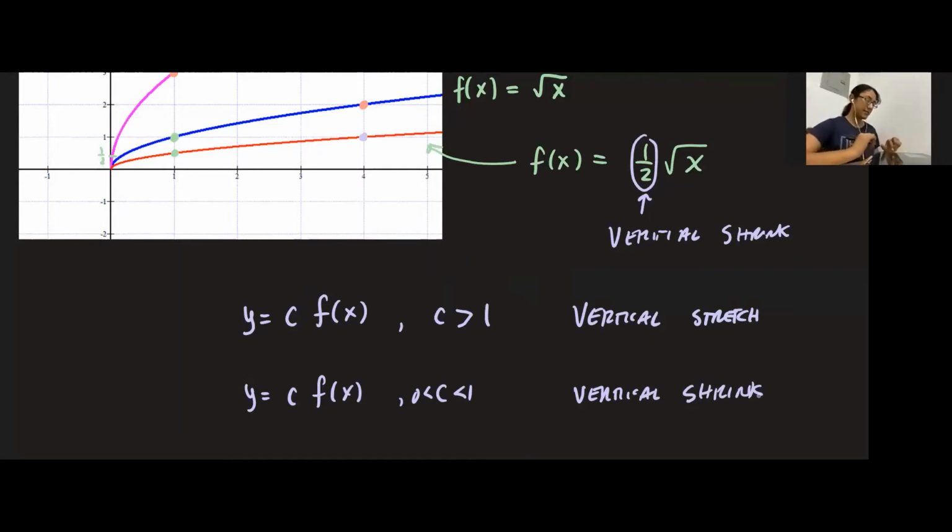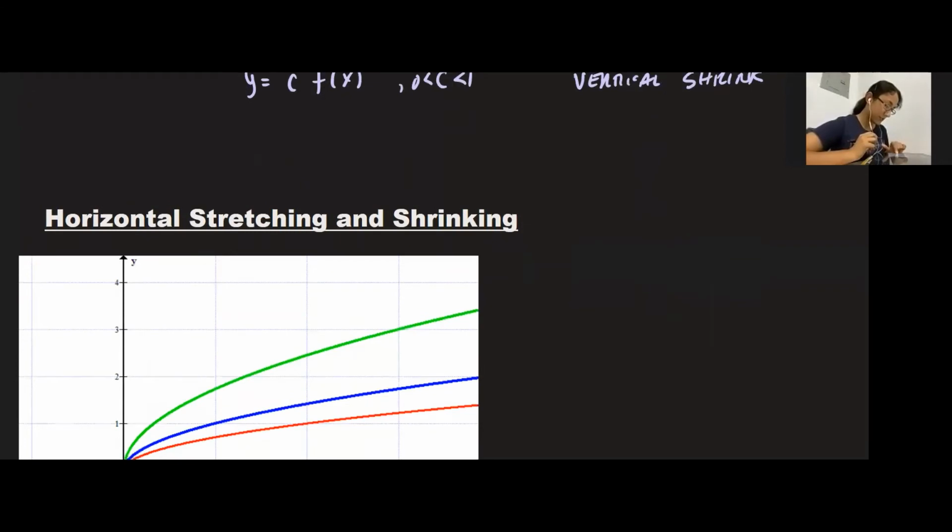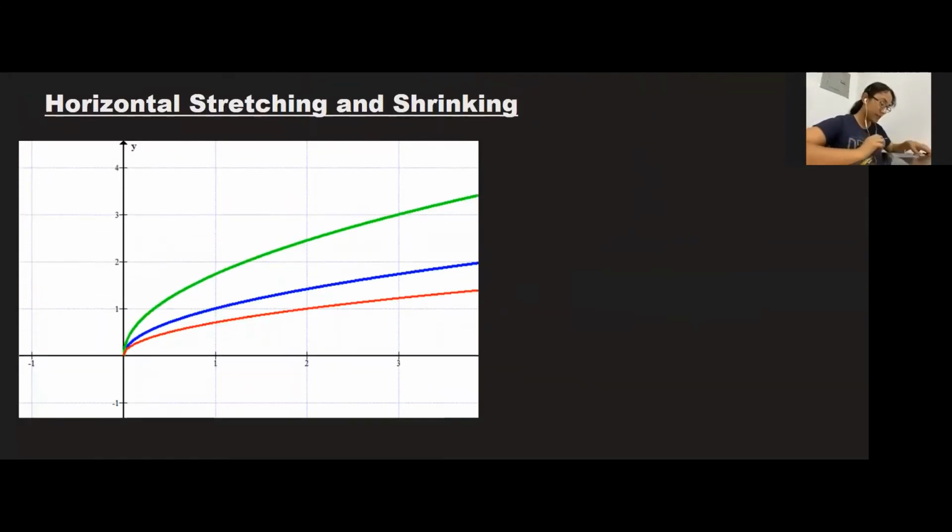Now let's take a look at what is a horizontal stretch and shrink. Now again, we're looking at the function square root of x. So that's the blue. This is our function square root of x. Now to obtain the green and the red graph, let's see what we're going to do.